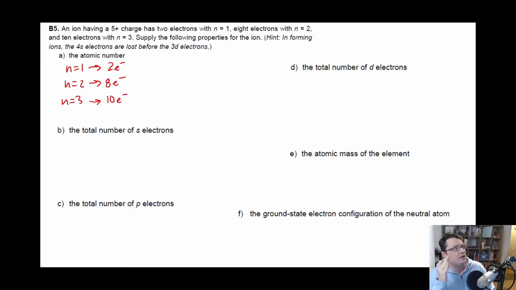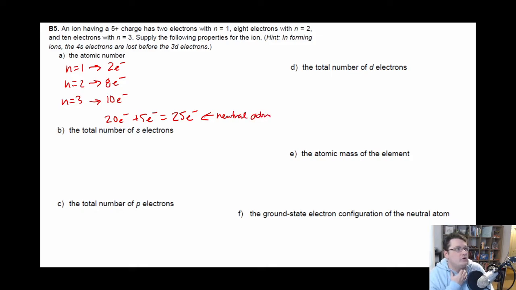So we know that we already have a total of, how many electrons is this? 20 electrons available. It has an overall 5+ charge, so we're missing 5 electrons. And so that tells us that the neutral atom should have 25 electrons.